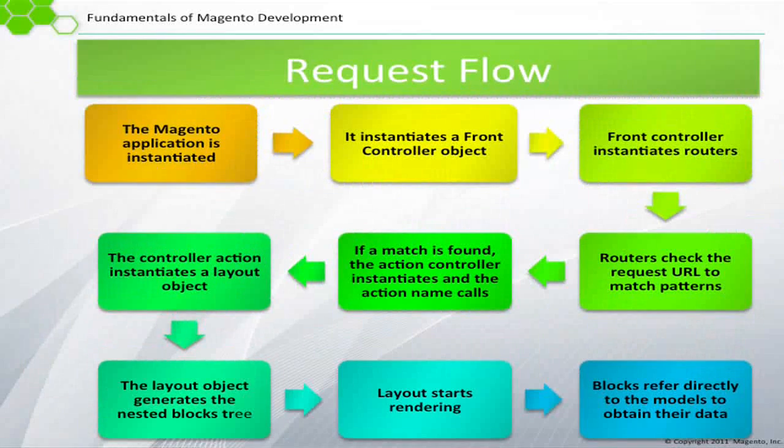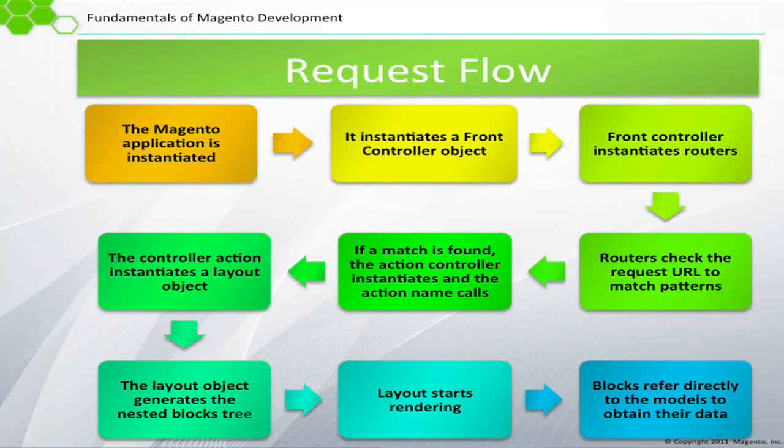So these action classes will instantiate the layout objects. That's either Mage app get layout, but in the context of controllers, we can just call this get layout. The layout object is what knows about the layout XML in the system.